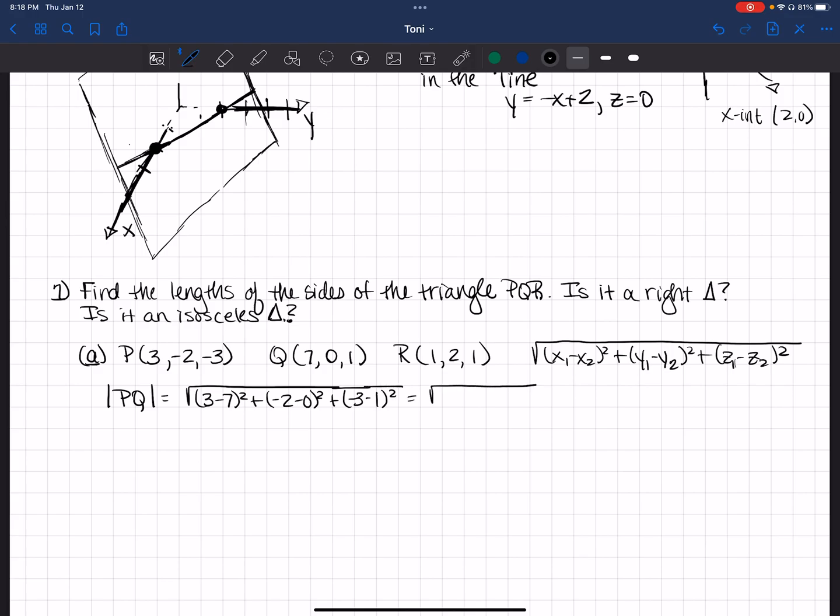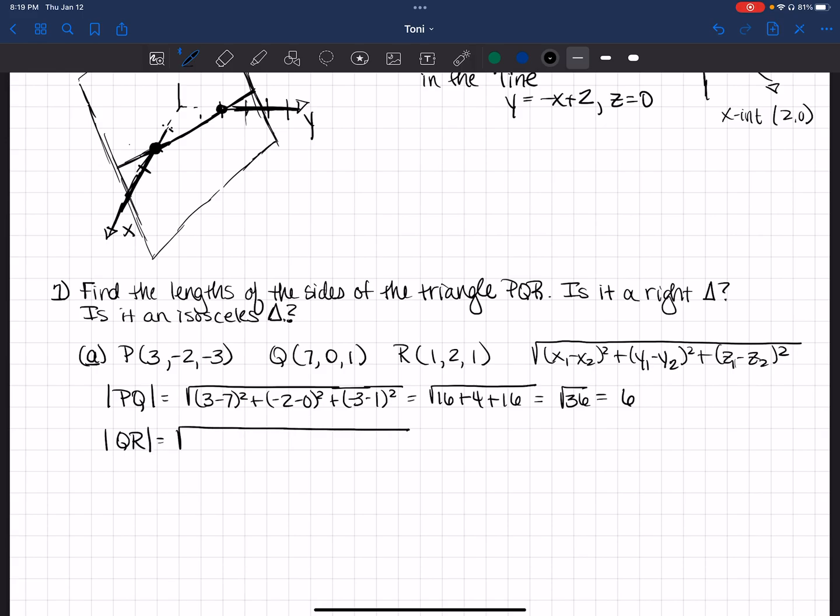That will give me 3 minus 7 is -4 squared is 16 plus -2 squared is 4 plus -4 squared is 16, which gives me 36, square root of 36, which is 6. So the length of PQ is 6. Okay, so let's try QR. We'll just go around the sides.